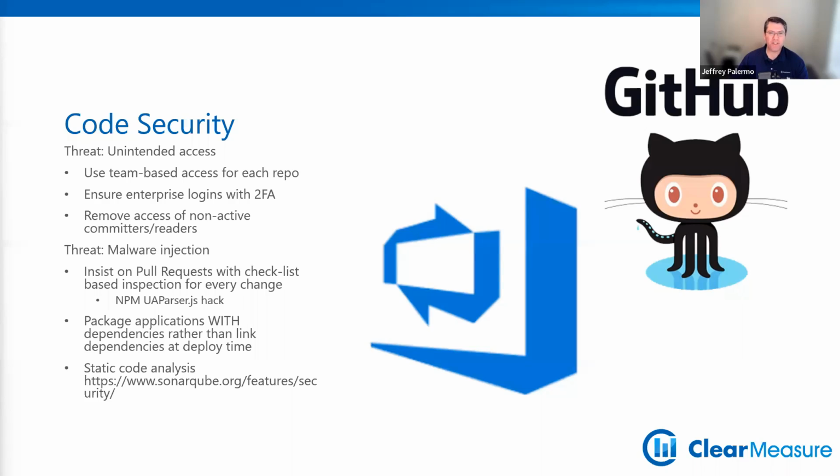All right, on the malware injection, static code analysis is your friend. SonarQube has features that inspect security and also inspect security vulnerabilities of NuGet packages that you happen to rely on, not just your code, but the code of packages, because there are so many packages with known vulnerabilities, and many of these packages are patched and the vulnerability has been fixed, but only if you upgrade the version of that particular package.